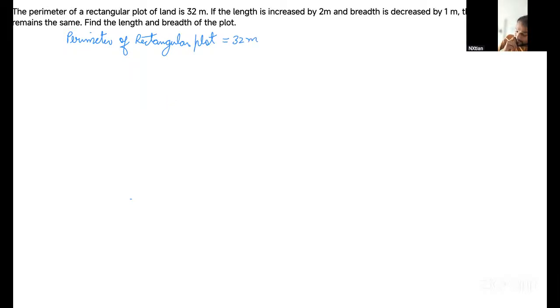So we know the perimeter of a rectangle. I'll take the length to be L and breadth to be B. So we know that 2 into L plus B is equal to 32. Why? Because the perimeter of a rectangular field is 2 into L plus B.